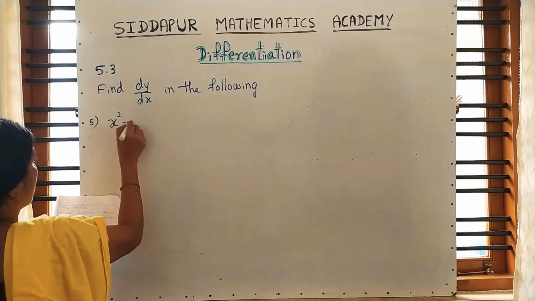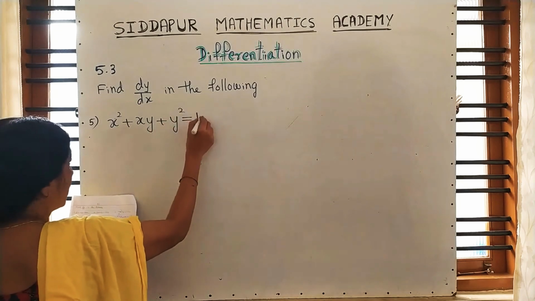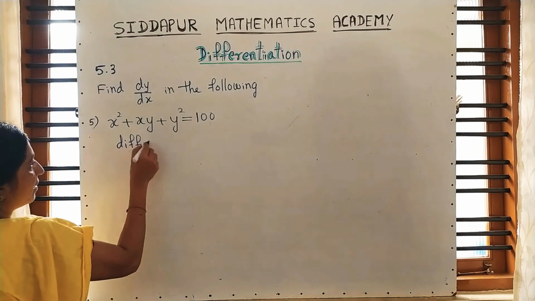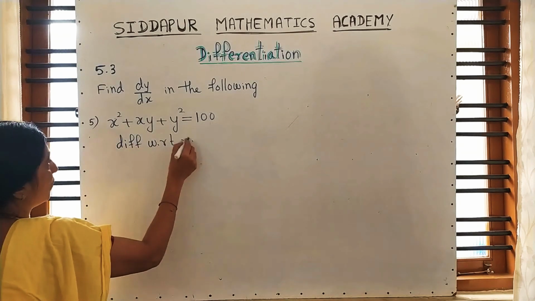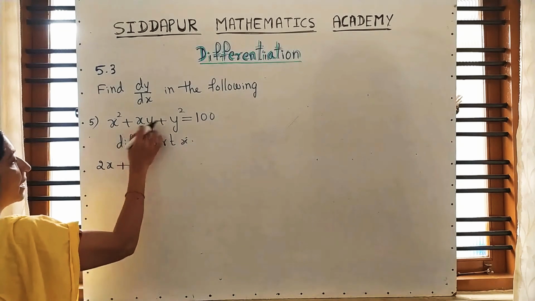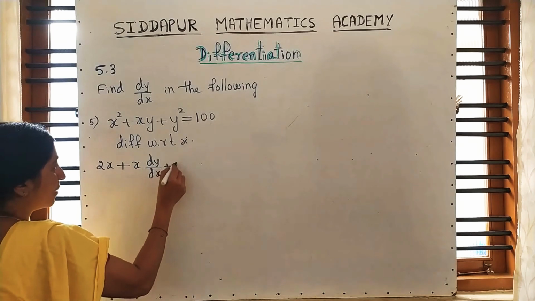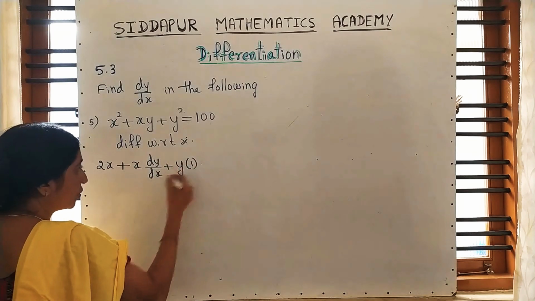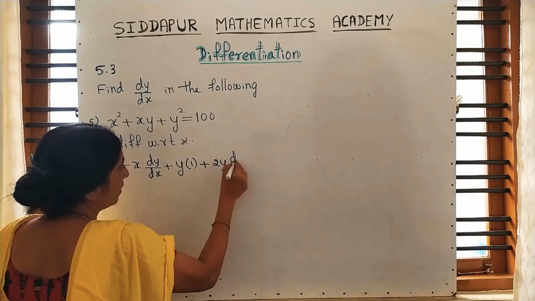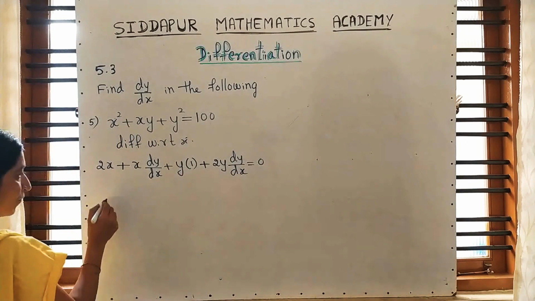x square plus xy plus y square is equal to 100. See, differentiating with respect to x. What is the differentiation of x square? 2x, plus xy is u into v, plus y as it is, differentiation of x is 1, plus y square is 2y into dy upon dx, is equal to 0.